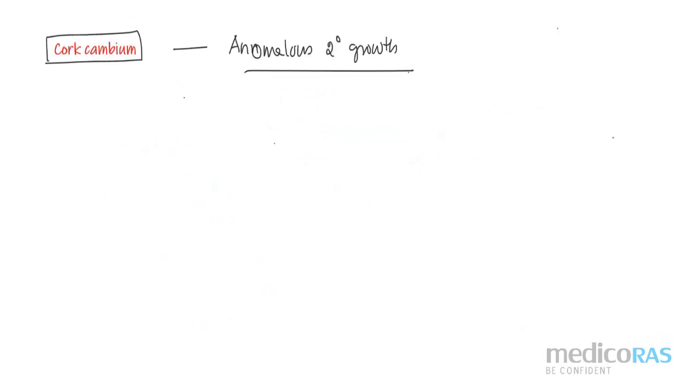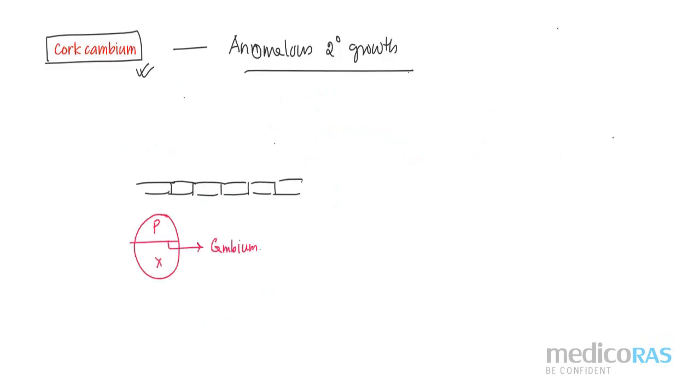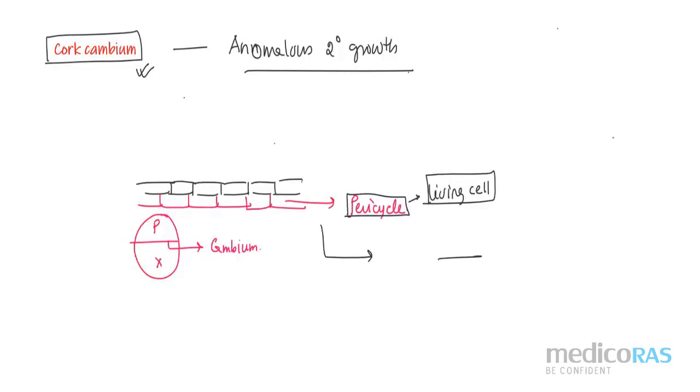After completion of the normal growth, let's check the abnormal or anomalous secondary growth in the dicot stem. Below the endodermal layer, the vascular bundle is present, where xylem and phloem are separated by the cambium. Above the vascular bundle, the pericyclar layer, which behaves like parenchyma in nature, can develop phellogen by depositing some kind of substances.